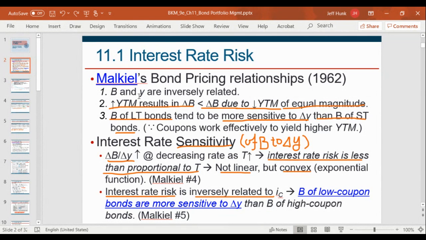In Finance 100, in bond valuation, we already talked about why yield is another name for average market rate.